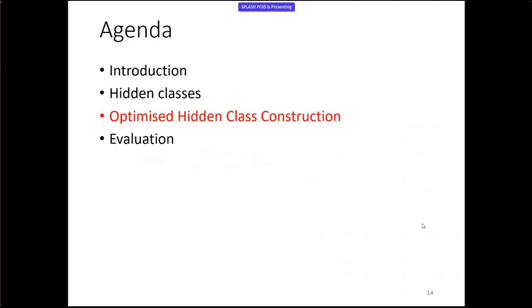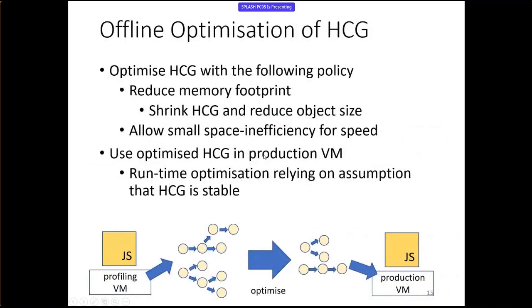Okay. So next, I explain our proposals. This is a detailed overview of our work. First, we collect the final state of the hidden class graph from the profiling run.